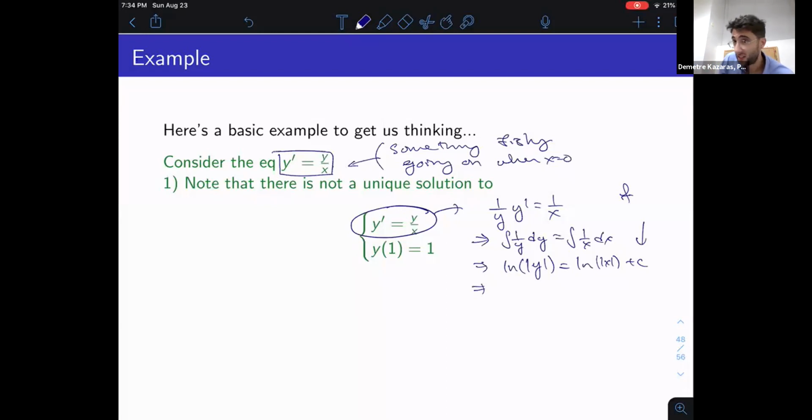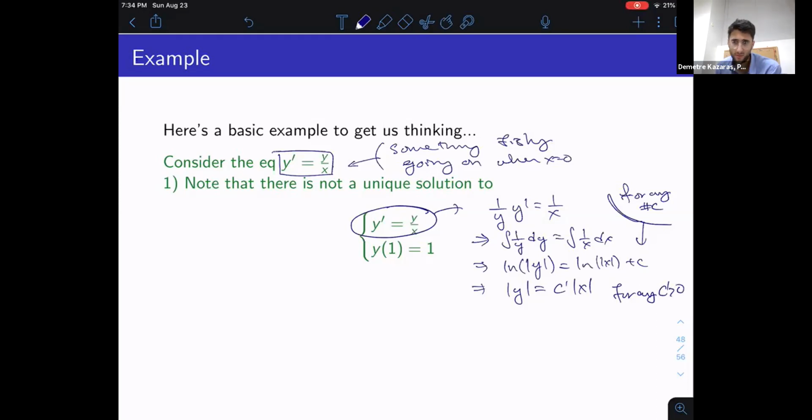So here, this constant c can be any number. Okay, now we try to solve for y. Exponentiate both sides. We get absolute value of y is equal to c prime times absolute value of x, for any positive c prime.